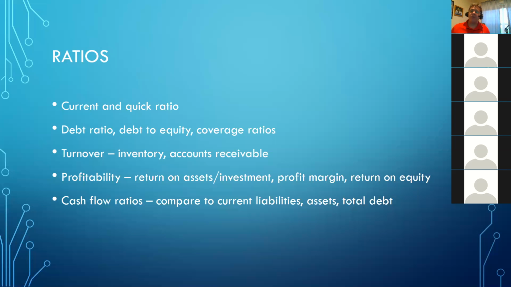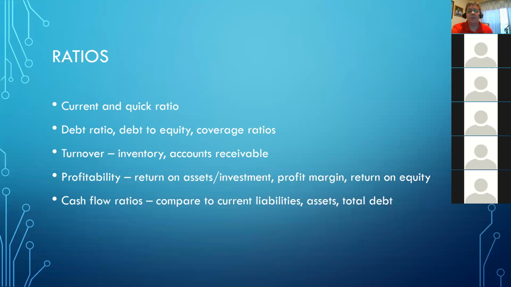And when you're getting average, you're usually taking beginning plus ending, divided by 2. Now all of those, you could look up the formula. For the most part, you'll get the right thing if you Google it or whatever. But you're measuring how many times your inventory is sold per year, or how many times per year you're collecting your accounts receivable.